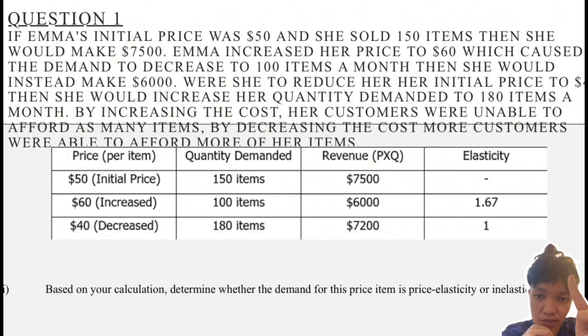There are actually two parts of this question that you need to answer. Part one is, based on your calculation, determine whether the demand for this price item is price elastic or inelastic.